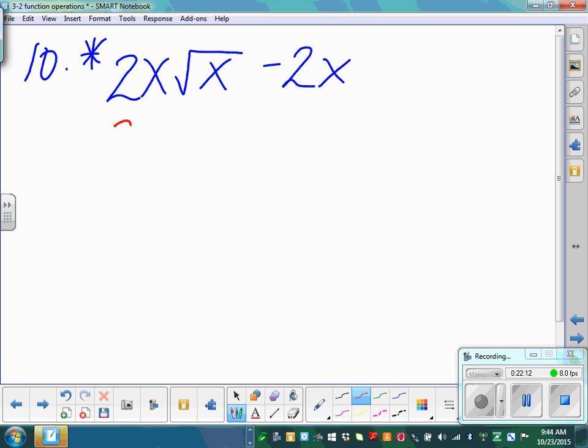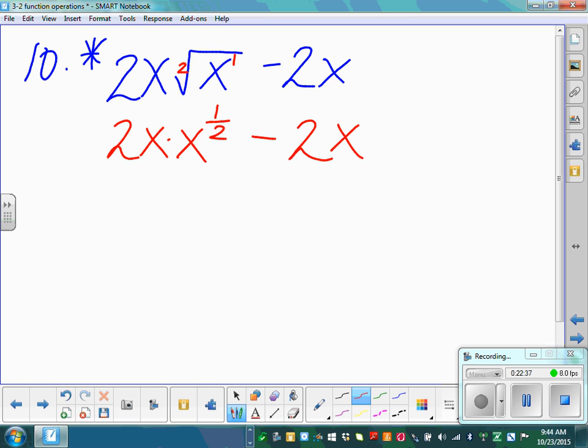What we really have here is 2x times x to the, let's write it as a rational exponent. Roots are on bottom, powers are on top. So this is a 1 and this is technically a 2. So with rational exponents, that's 1 over, roots are on bottom, powers on top. Does everybody see how I rewrote that? And then we have minus 2x.